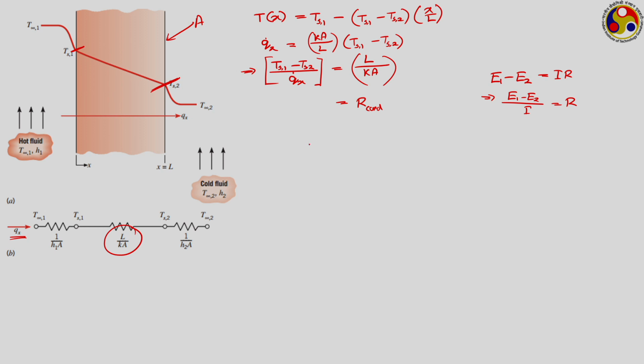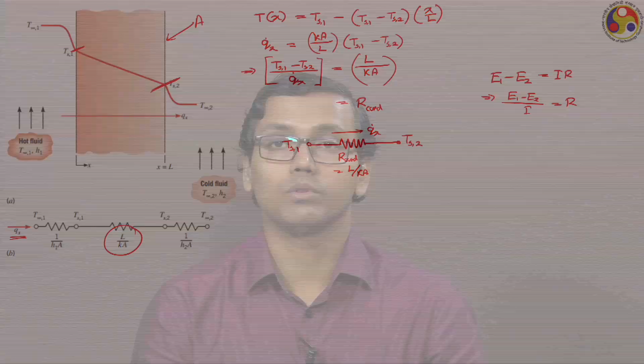Just like shown here, we can easily draw an electrical circuit where this side you have the potential T S 1, this side you have the potential T S 2, and in between you have this conduction resistance, which we have just got as L upon K A in Cartesian system, and accordingly we can get the value of Q dot X. Once we know these two temperatures, and we have the information about the thermal conductivity and dimensions of the wall, you can directly calculate the heat transmission Q dot X without directly solving the ordinary differential equation.